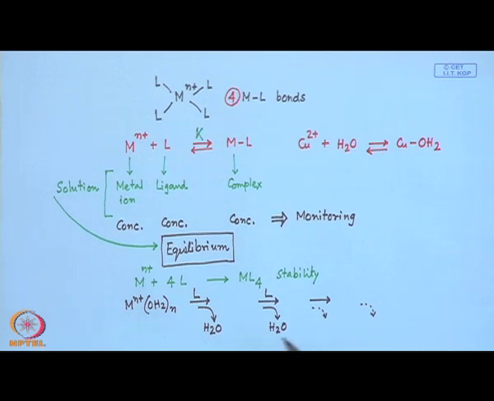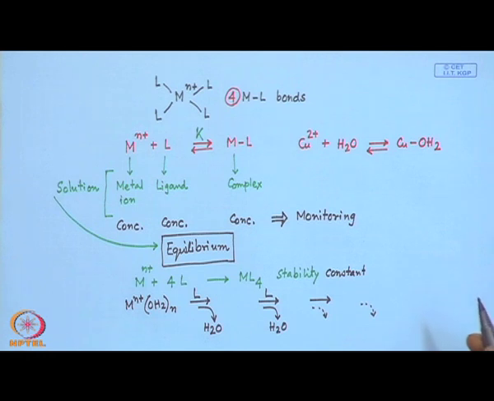These stages basically tell us how quickly we can achieve the corresponding stable species, because the other species, like ML1, ML2, ML3 etc., are not so stable. Only the ML4 species has some stability compared to the intermediate species. So, then we can find out the corresponding stability constant for that particular process.